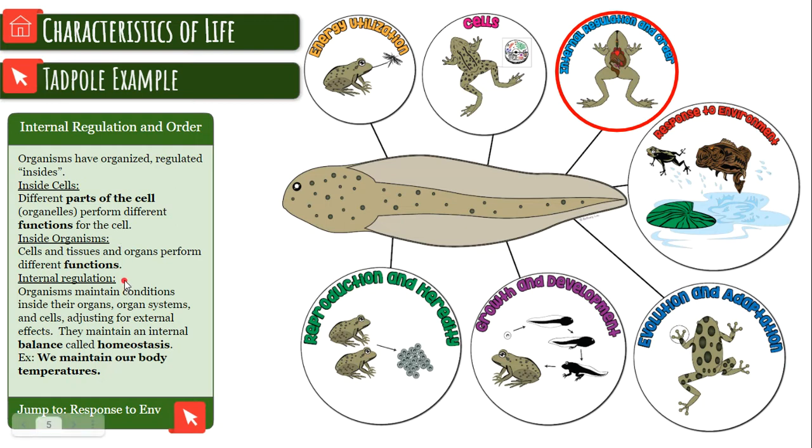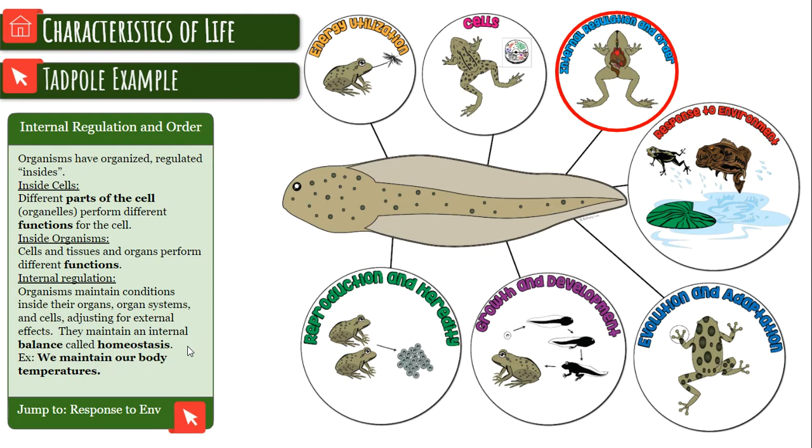And then internal regulation is organisms that maintain conditions inside their organs, organ systems, and cells, adjusting for external effects. So organisms maintain an internal balance that we call homeostasis. So for example, we maintain our body temperatures.